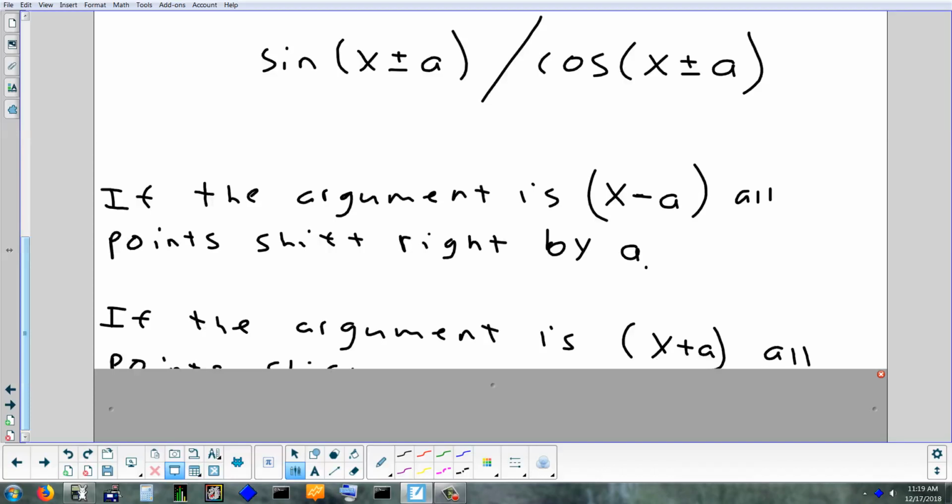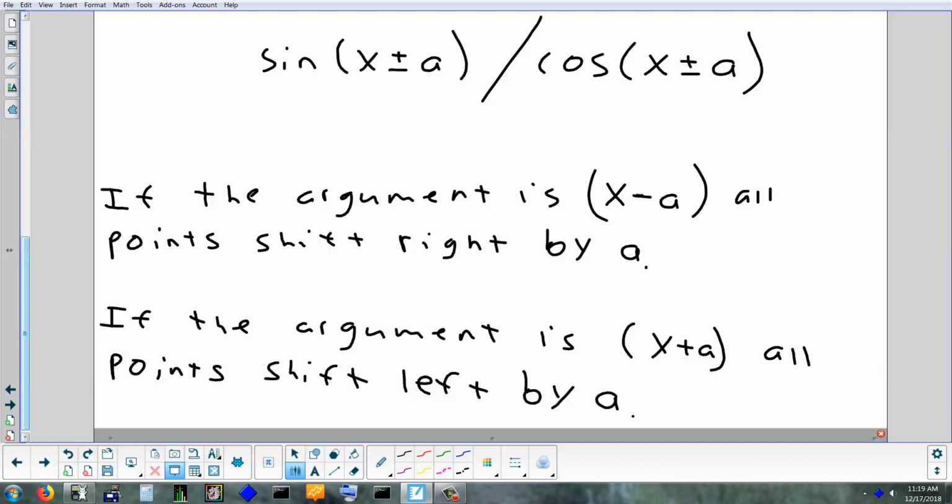That's going to move it, yep, it's going to move it left. So really, now we have an accurate term to describe the difference between sine and cosine. They are phase shifts of each other. And I'll show you that right now.